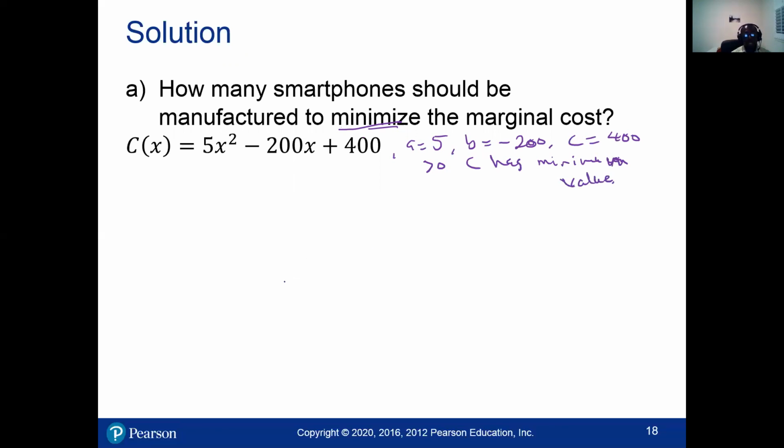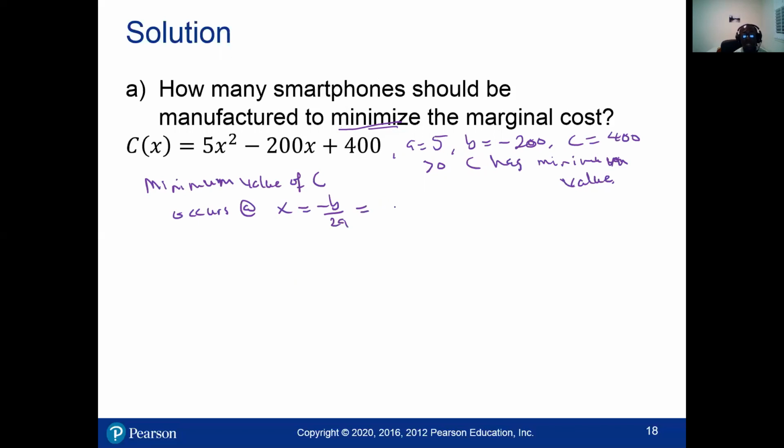Okay, so the minimum value of C occurs at x equal to minus b over 2a, which is the vertex. So let's find that.